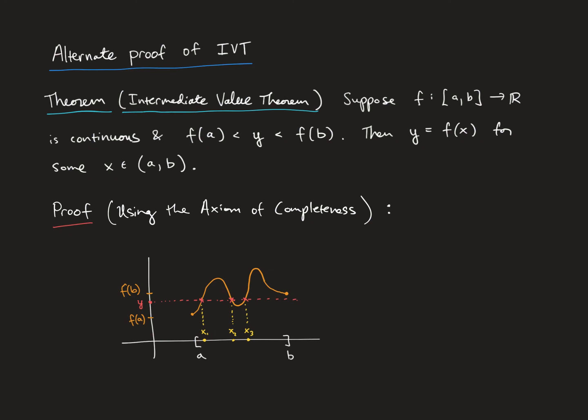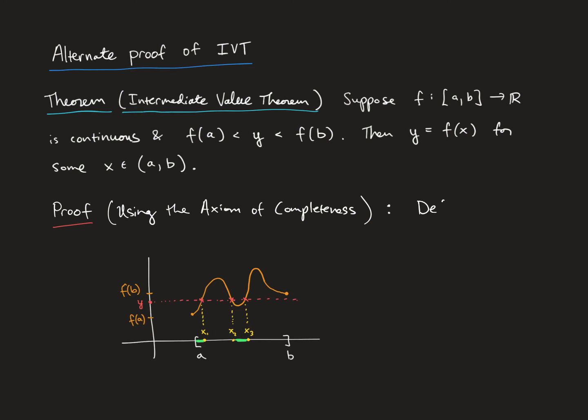If I graph those segments in the interval AB, we get this green stuff here, and we see naturally from the picture that x3 is the supremum of that set of green stuff. That suggests doing the following, or something like it.